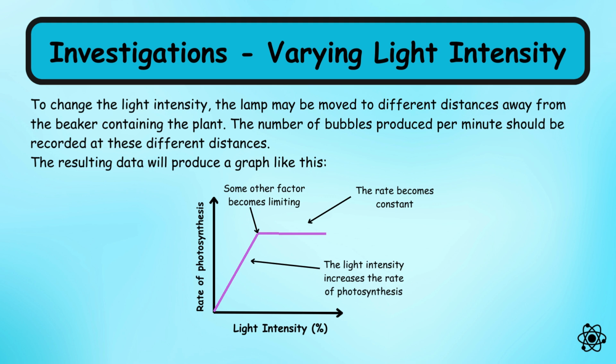However, at one point, the rate of photosynthesis stops increasing. This means that even with a stronger light intensity, there may be some other factors limiting the rate of photosynthesis. This limiting factor may be either not enough carbon dioxide, or temperature not being high enough.